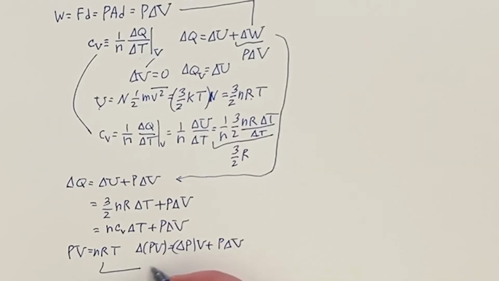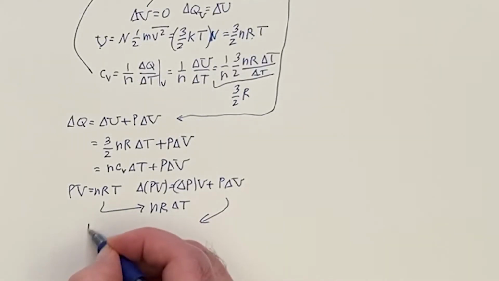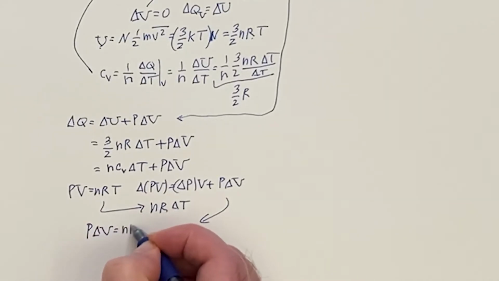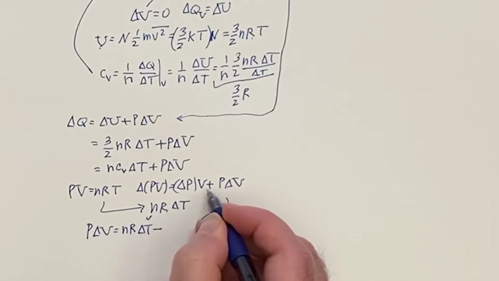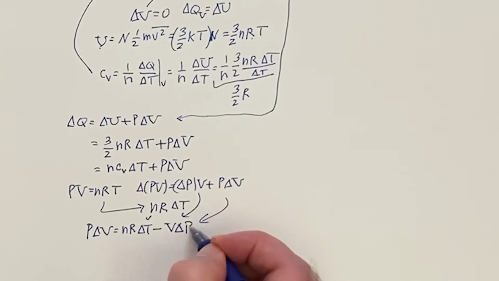But that also leads to nR delta T. So you always can get that too. So we're going to write this down here. P delta V is nR delta T minus this one, V delta P.